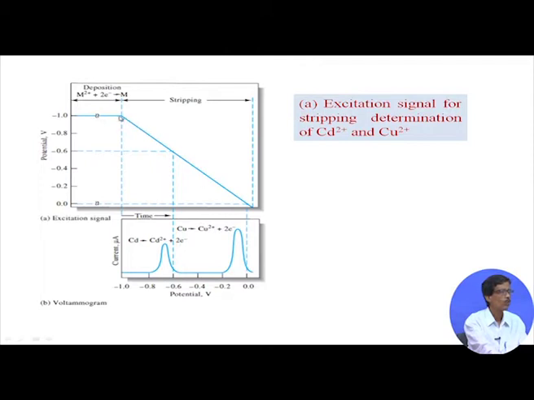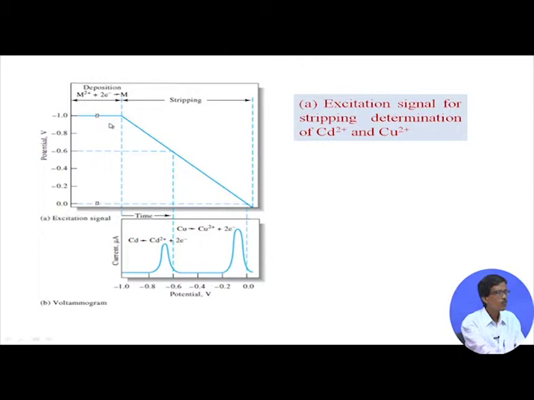Because this was your cathode, you then go for the corresponding anode. Anode means you scan the potential, because what we are talking about is the differential pulse technique. On the electrode surface you get stripping, and you record the voltammogram due to the oxidation of species like cadmium 0 and copper 0, which were deposited on the electrode surface.